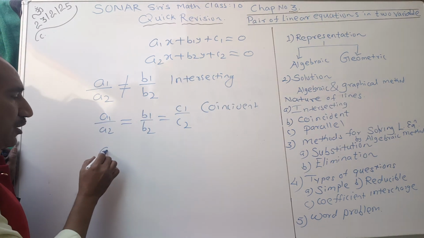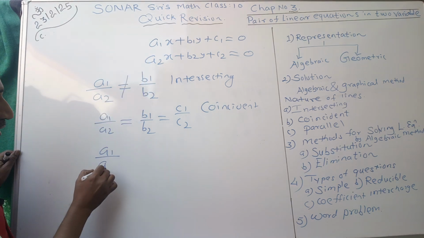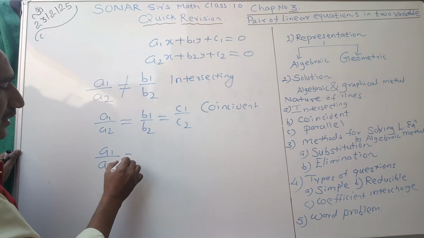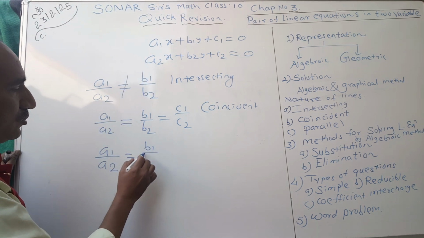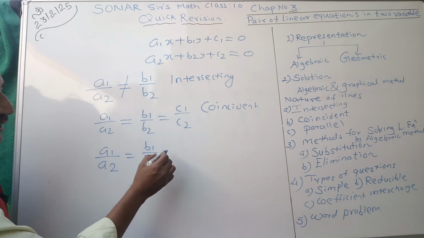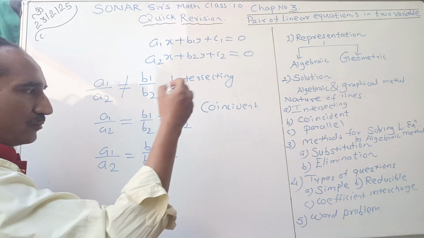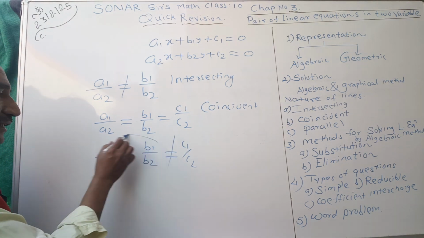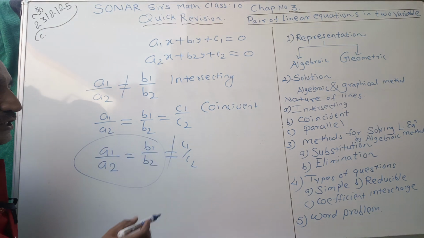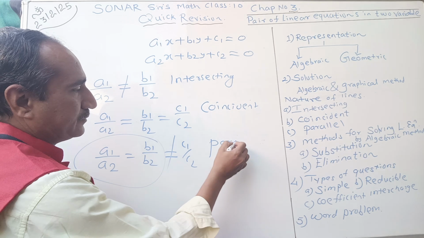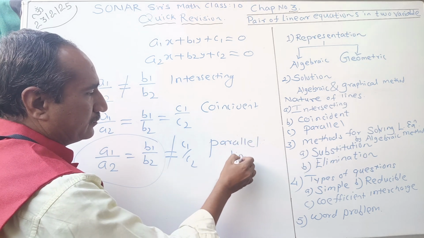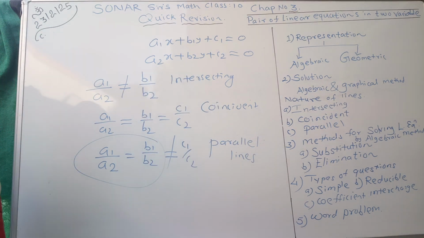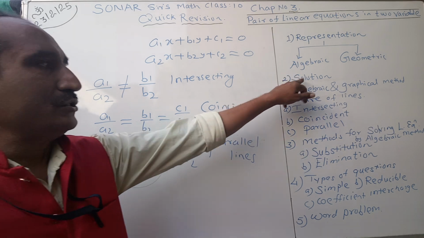If the ratio of the x coefficient is equal to the ratio of the y coefficient, which may or may not be equal to c1 upon c2, then this condition is called parallel lines. So what is the solution?